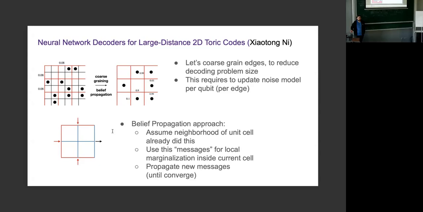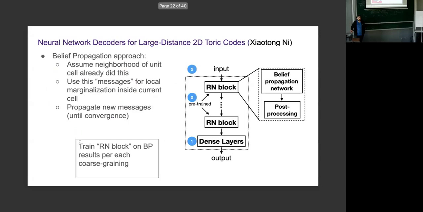What is the answer, right? You just sum up those things around the red one and output, and you do it iteratively for each cell, and if it converged, you get your new probabilities per edge. Right, so it's known as belief propagation, but here we say, okay, we could actually try to learn it.